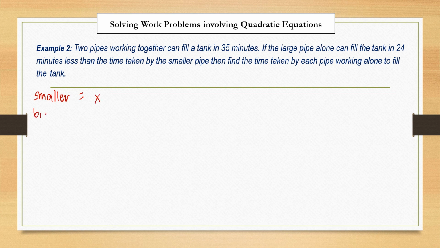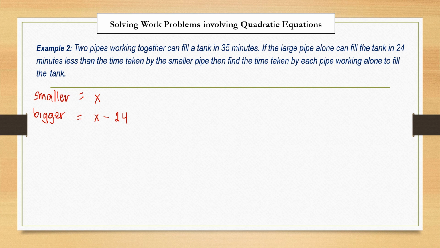So how do we represent the number of minutes that the larger pipe can fill the tank? According to the problem, it can fill the tank in 24 minutes less than the time taken by the smaller pipe. So how do we represent that? That would be represented by x minus 24.